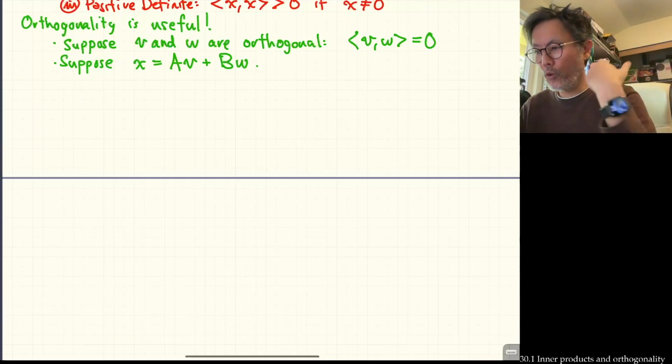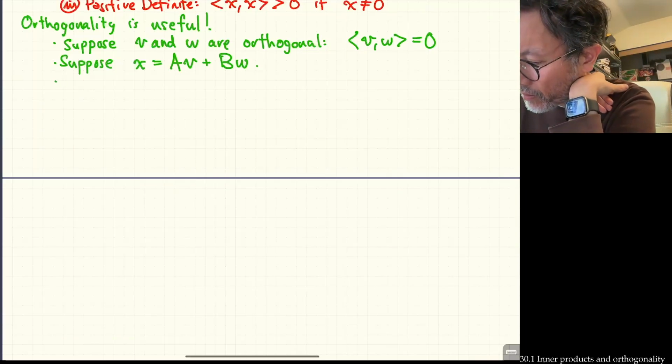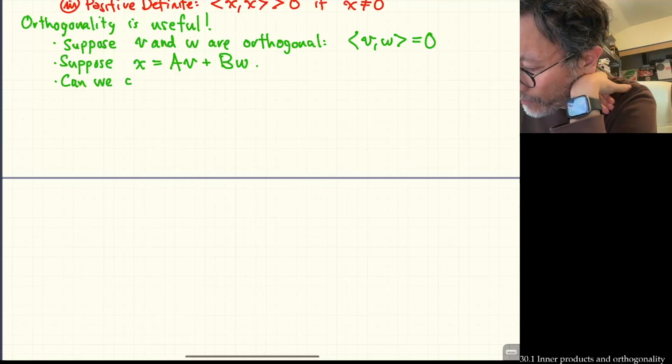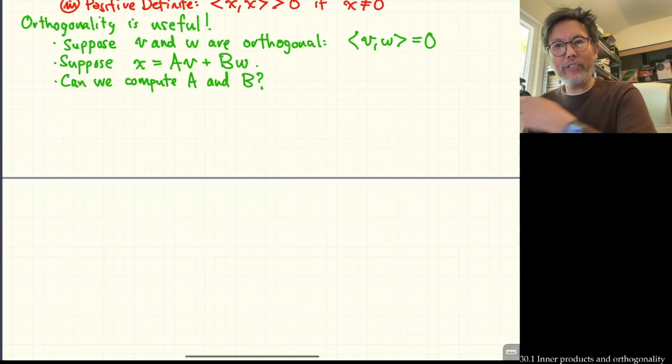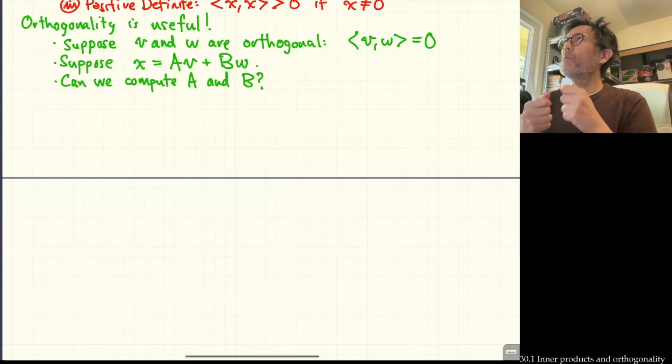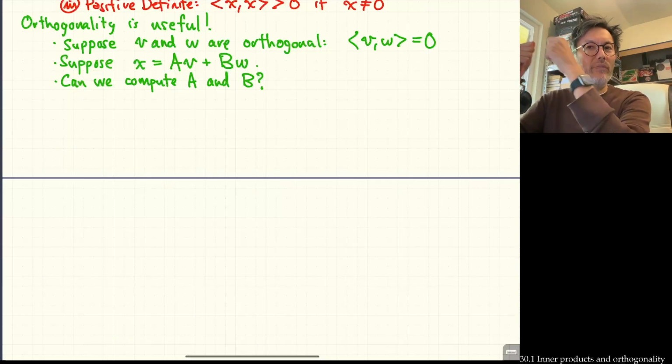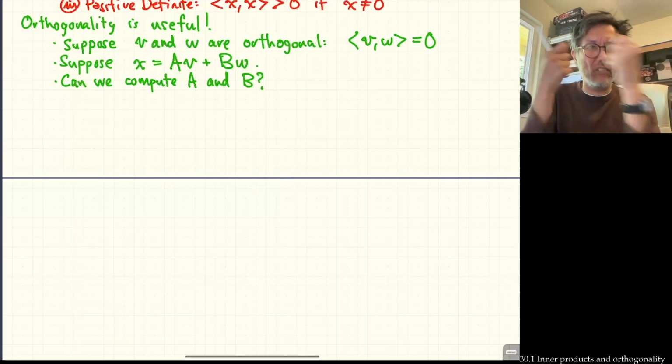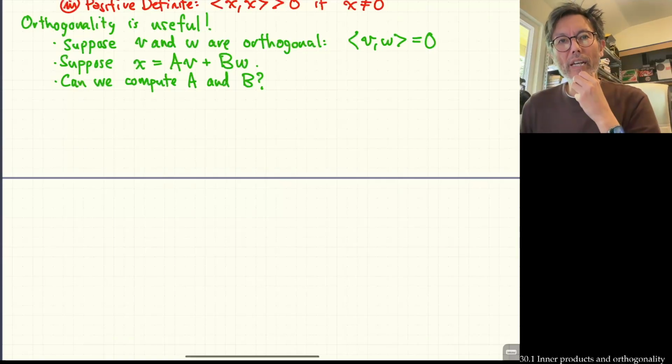What are some nice formulas for a and b? Can we compute a and b? In other words, can we figure out how much x points in the v direction? How much of x is v and how much of x is w? Yeah, that's sort of the idea.